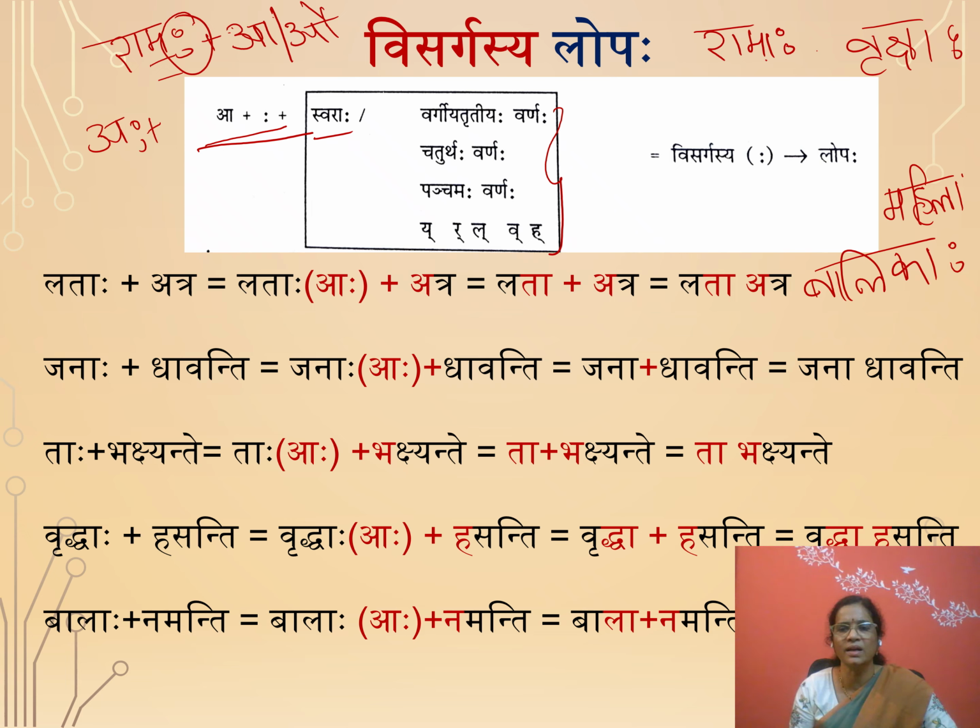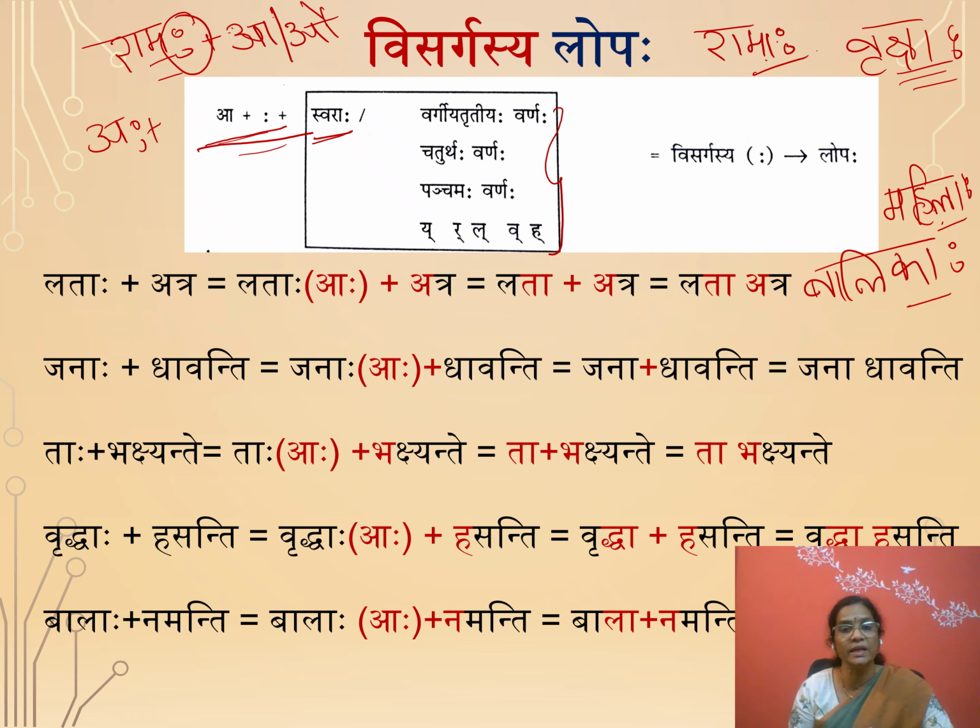Like that, Akarant striling Bahuvachan and Akarant pullinga Bahuvachan forms, all the words ending with Aha will be considered in this. The first word should end with Aha. Understood? Like Ramaha, Vrikshaha, Mahilaha, Balikaha. Every word ends with Aha only, right? Like this, if the first word is there.